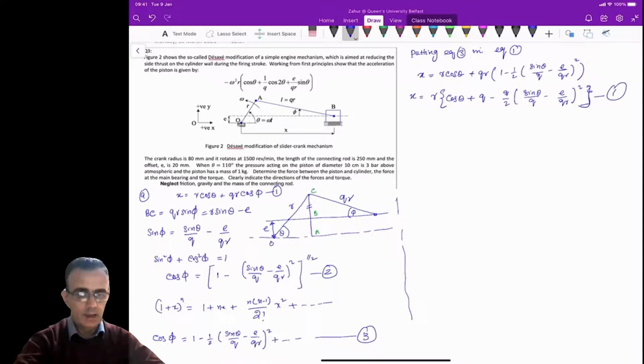And now to calculate velocity, you need to differentiate this equation with respect to time, which will be dx by dt here, and dx by dt is our x dot, or velocity.